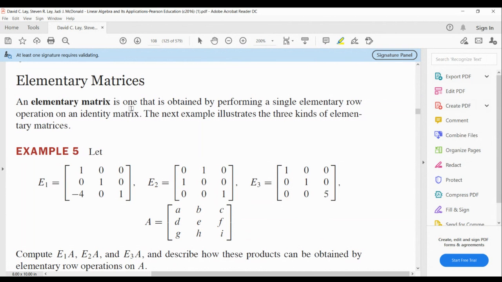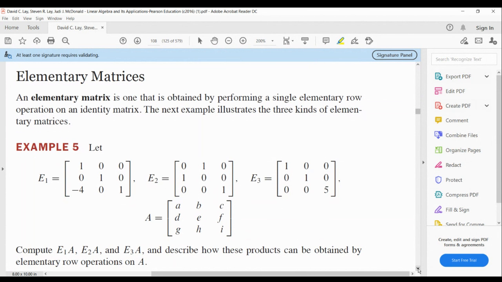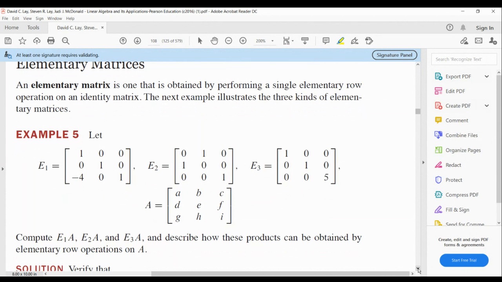An elementary matrix is one that is obtained by performing a single elementary row operation on an identity matrix. The next example illustrates three kinds of elementary matrices. For the first elementary matrix, E1, you notice there's a -4 right here in the bottom left-hand corner.